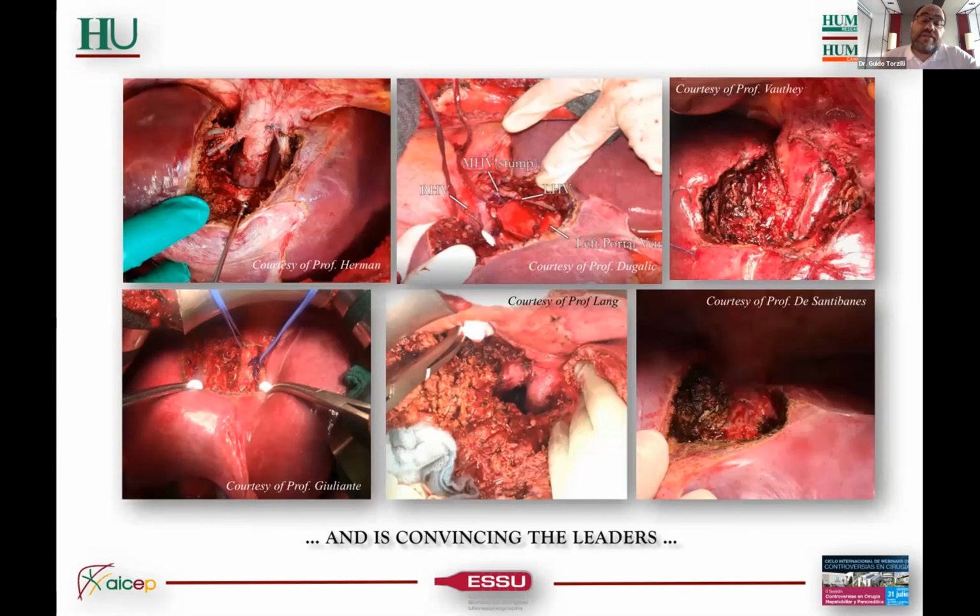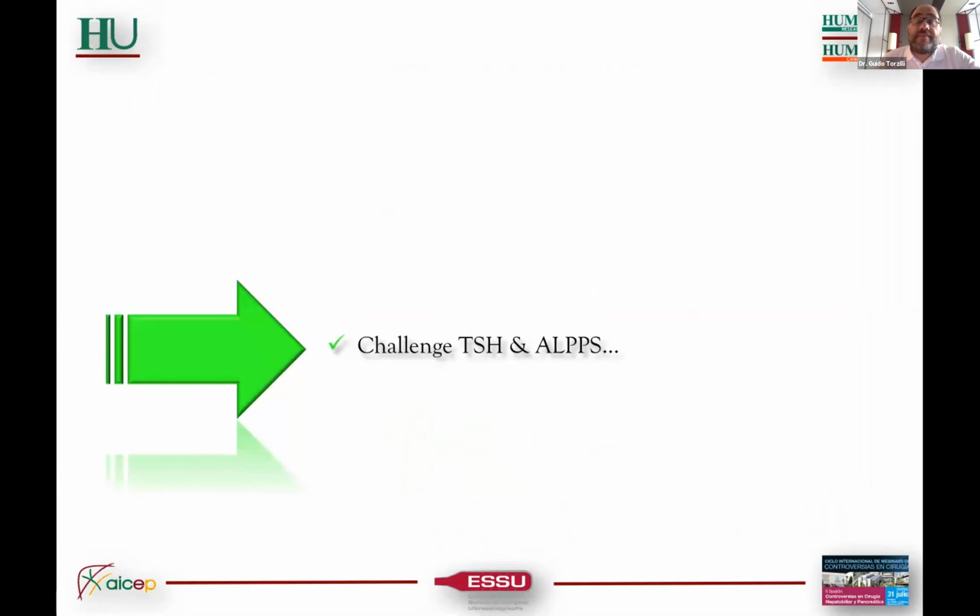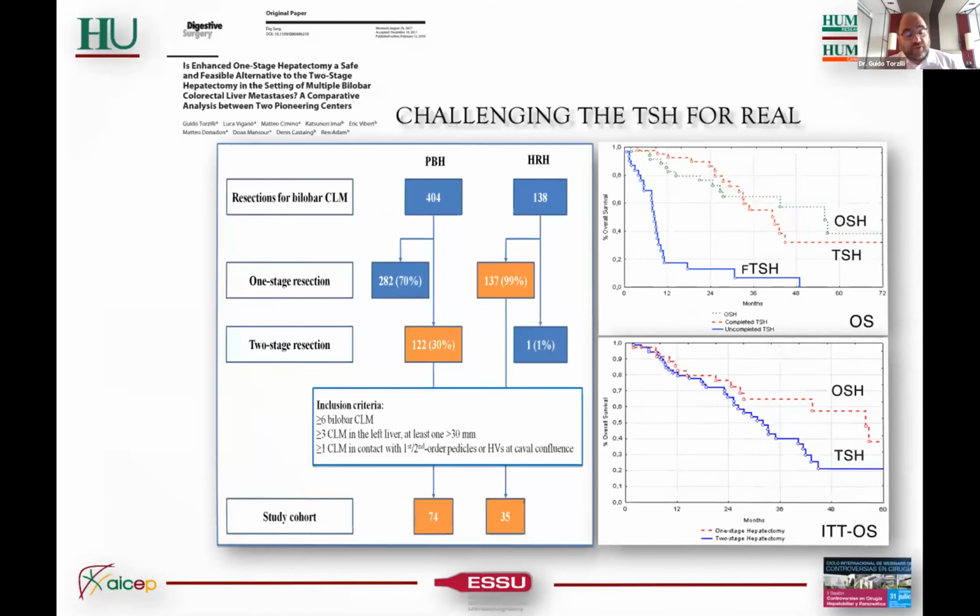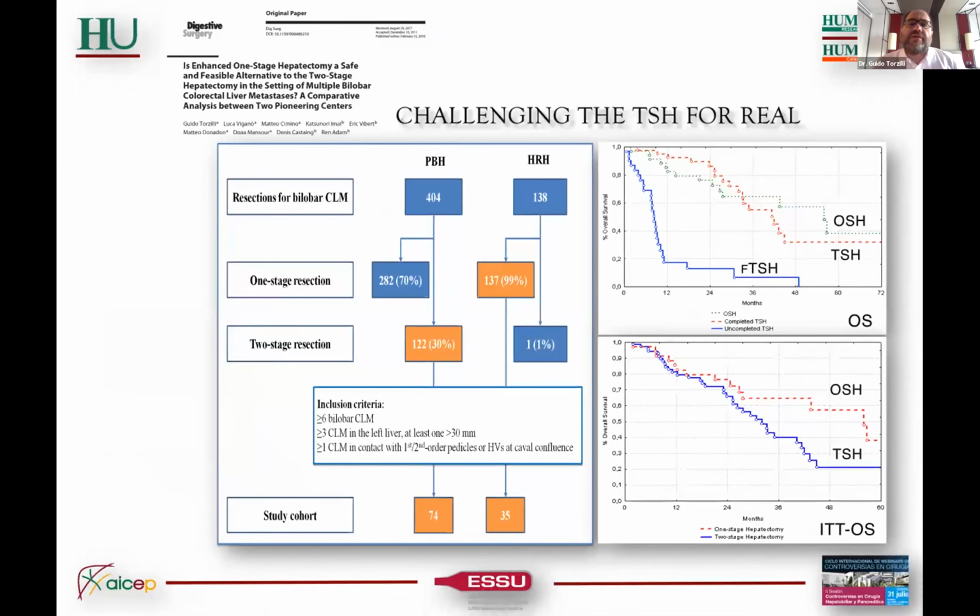Then we are challenging the two-stage and ALPPS. It means that you can reduce the surgery to only one operation, with results that are even better because you don't have the dropout. And furthermore, this is a comparison with Paul Brousse, a case match with them, and the inclusion criteria were dictated by Paul Brousse, not by us.